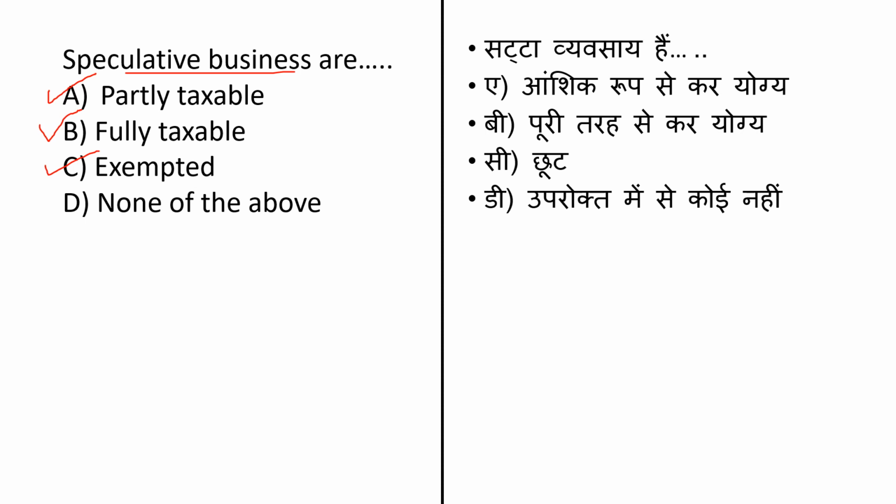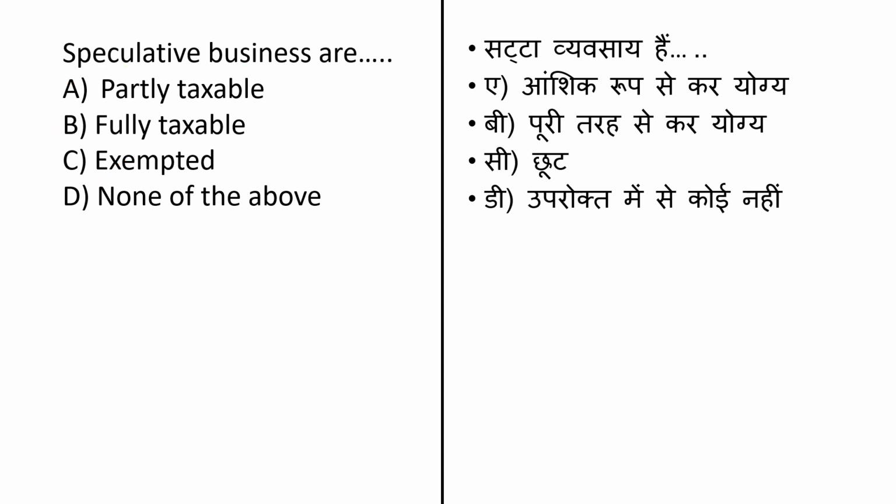For agriculture income, whatever we receive from agriculture is fully exempt under the Income Tax Act. Here is the example of exempted income. And the last option is none of the above. Speculative business is fully taxable. Okay, so the answer is option number B.